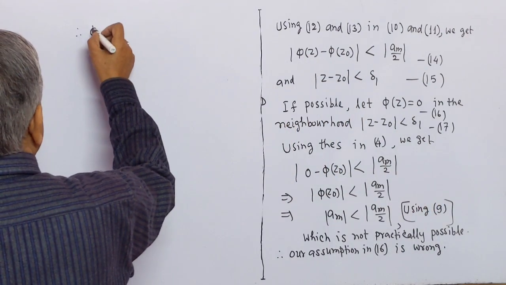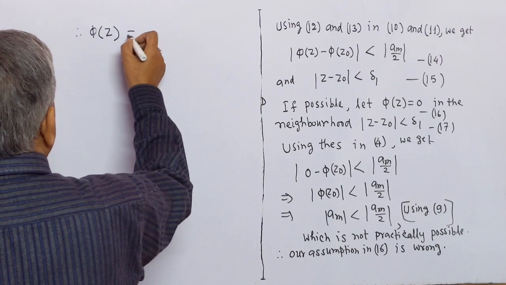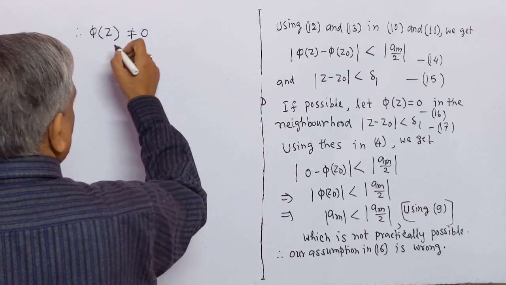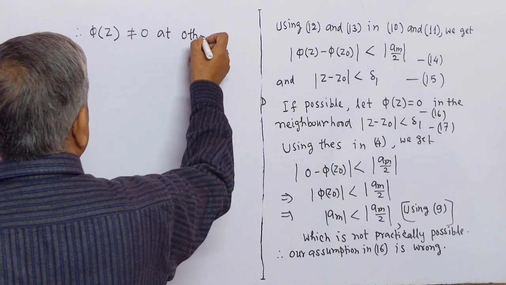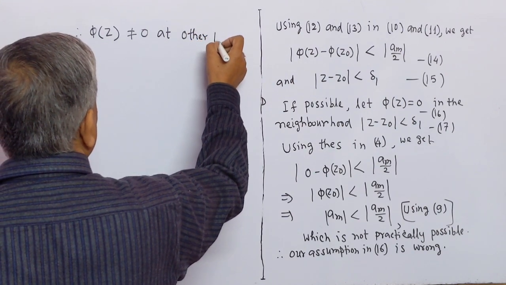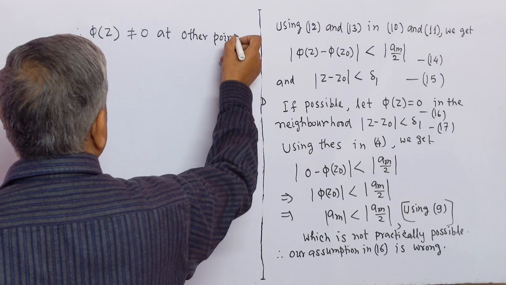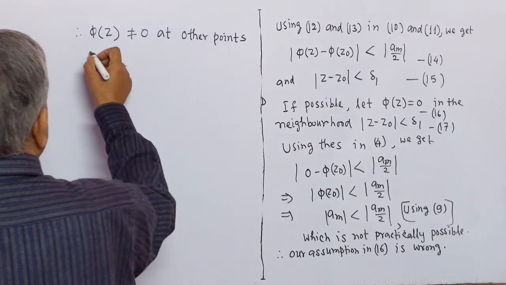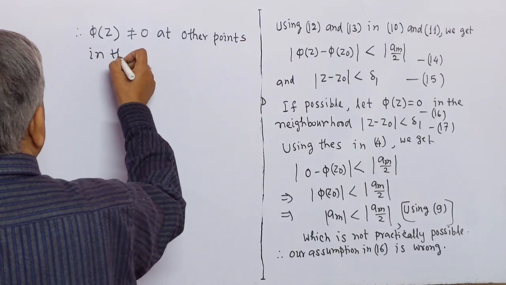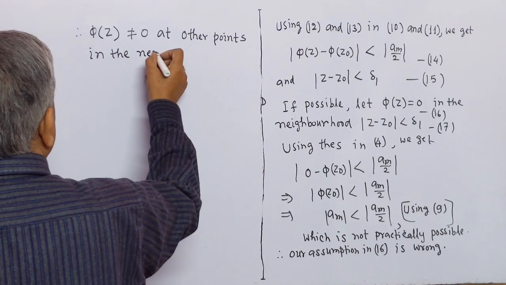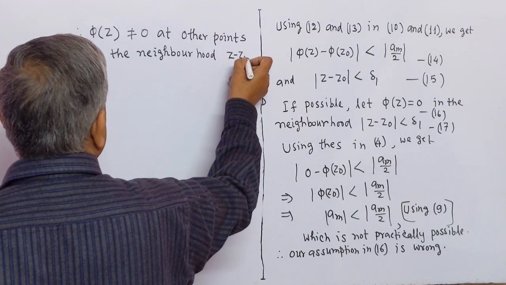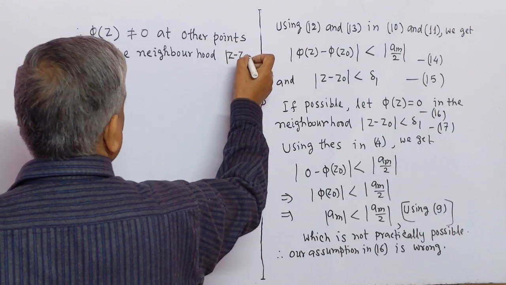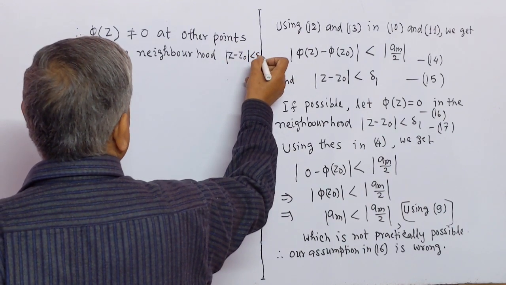Therefore, f(z) not equal to 0 at other points in the neighborhood modulus of z minus z0 less than delta 1.